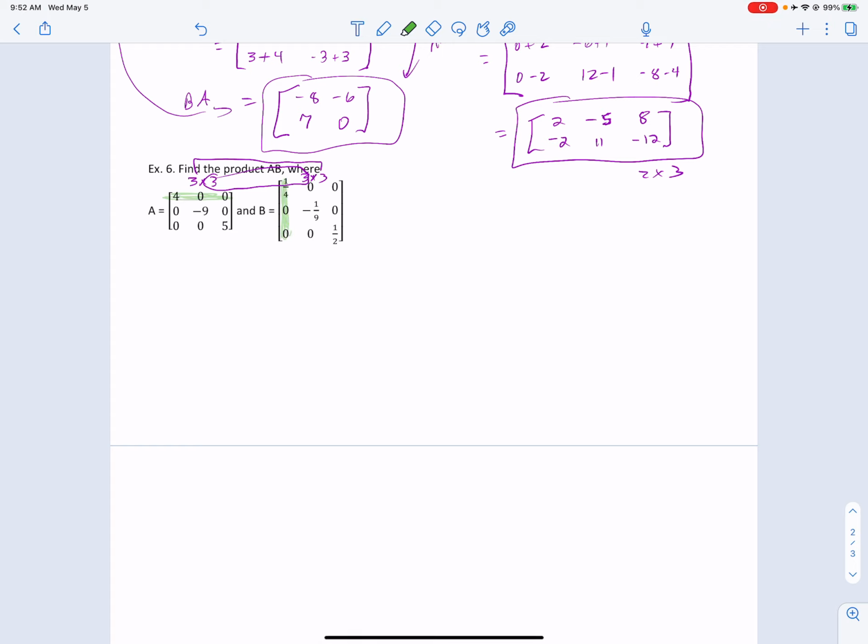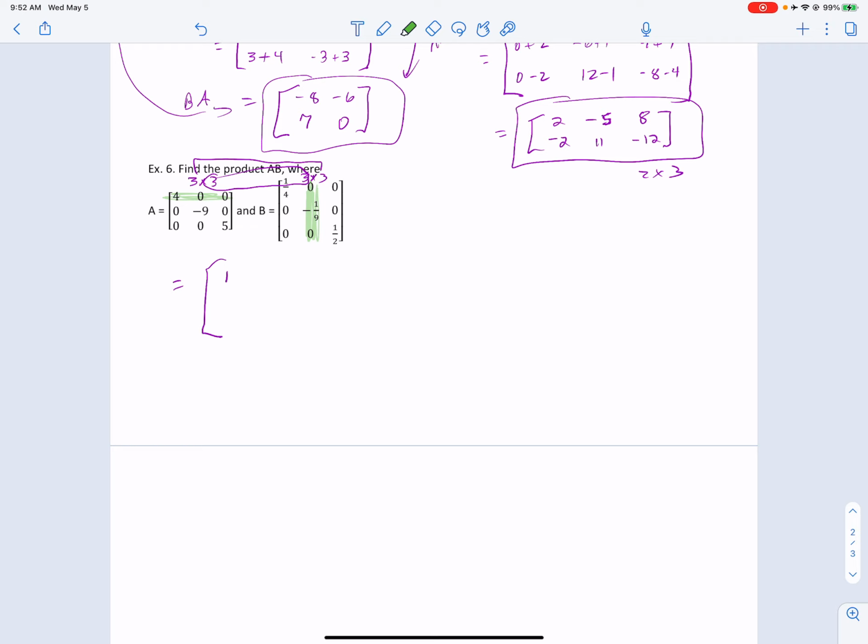And in this case, because you have so many zeros, you don't have to show quite as much detail because you get 4 times 1/4, which is 1, plus 0 times 0 plus 0 times 0. So that's just its value. And then I'm going to move to the second column in the second matrix, keeping the first row in the first.